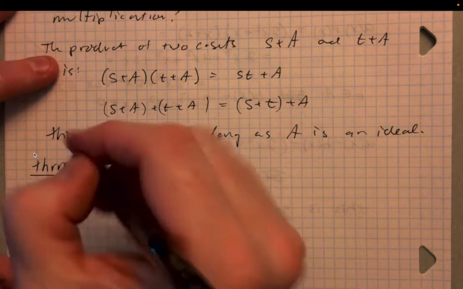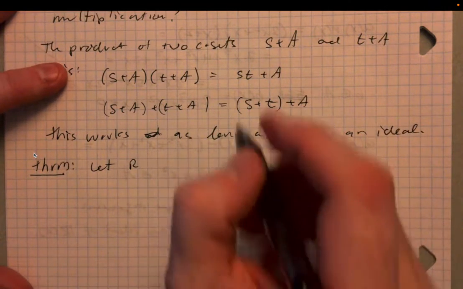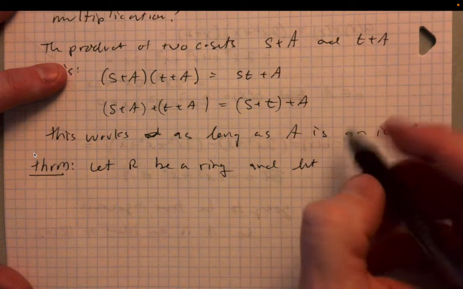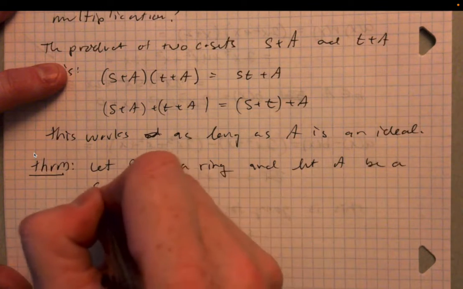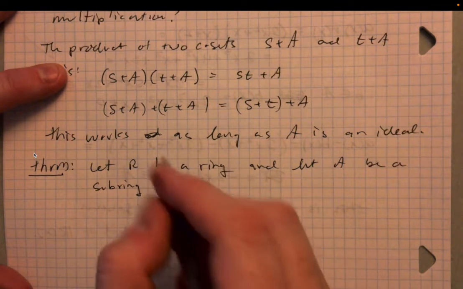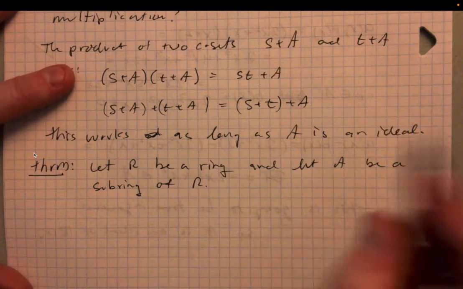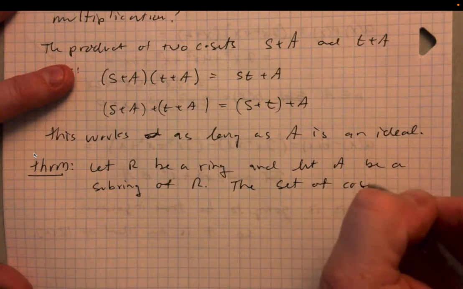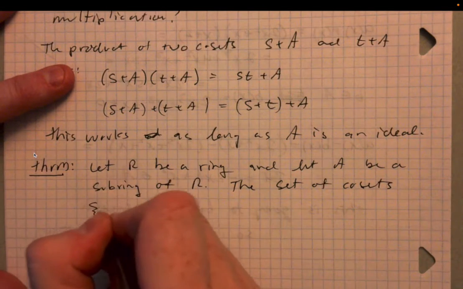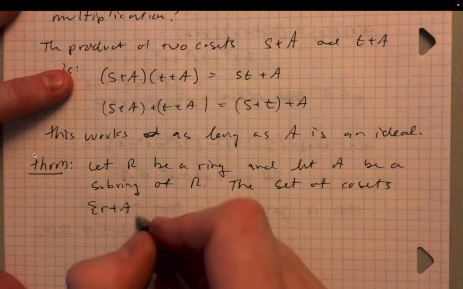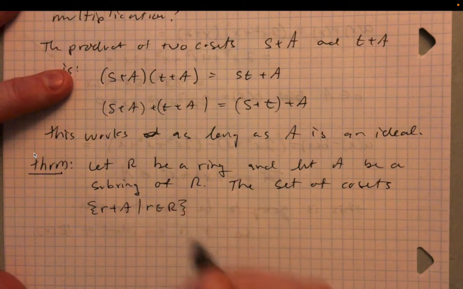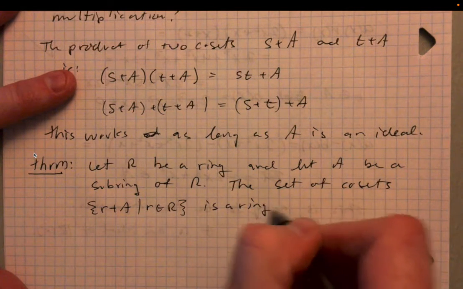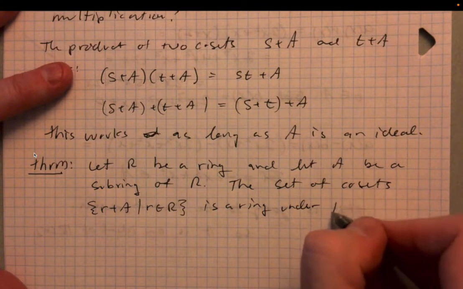The theorem says let R be a ring, and let A be a subring of R, of course. Then the set of cosets, which I'll write like this, R plus A such that R is in R, is a ring under the operations.